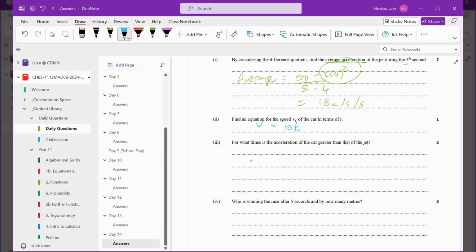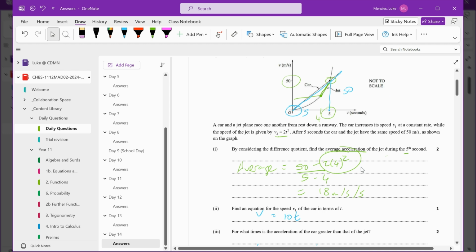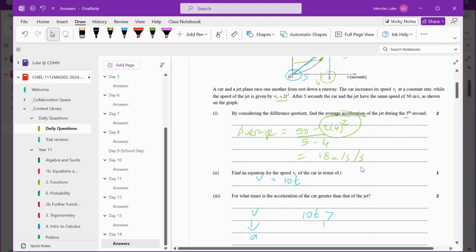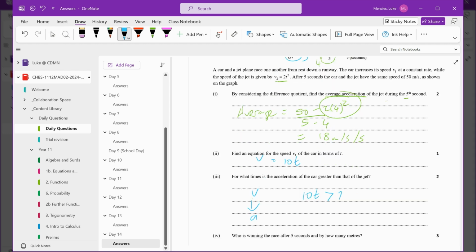We're given velocity, and we have to turn that into acceleration. How do we do that? By differentiating. And we want the car to be greater than the jet. So the velocity of the car was 10t, and we want that greater than the velocity of the jet, well, we're talking acceleration, but to start off with 2t squared.